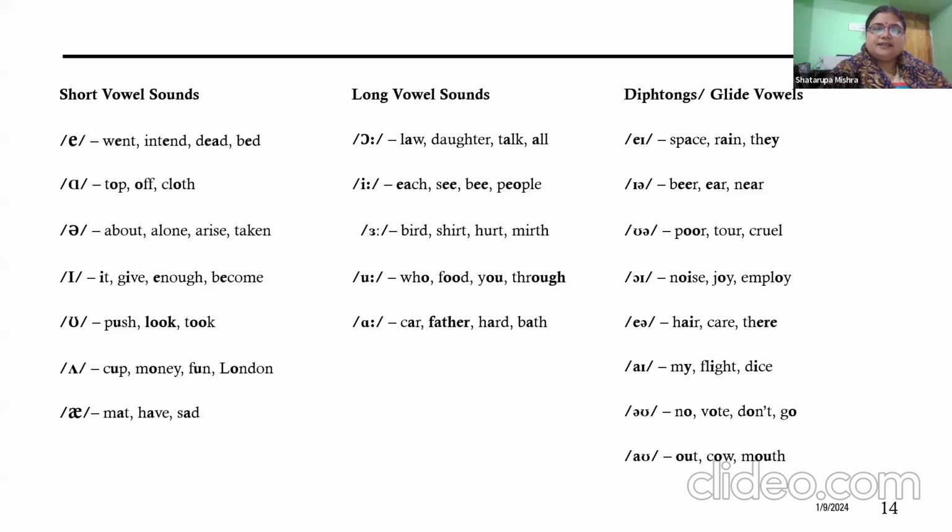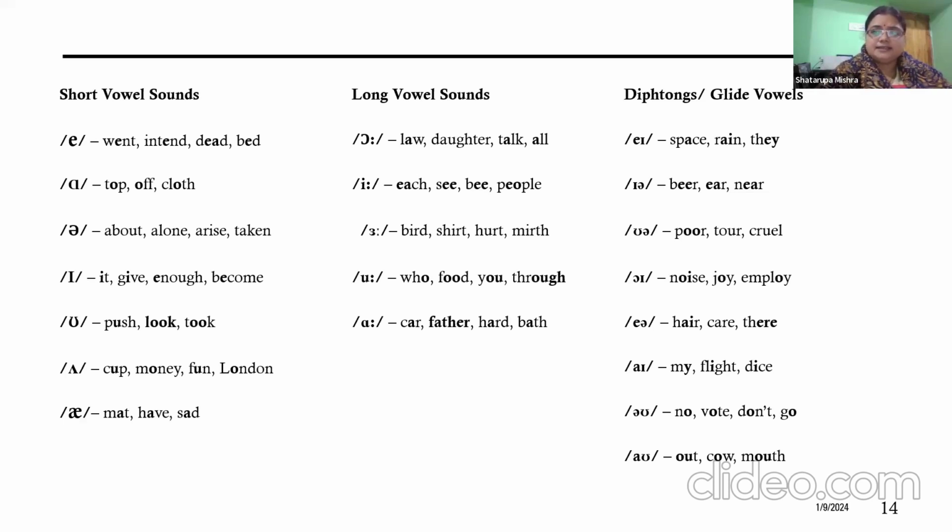Then we have the second symbol, which represents the vowel sounds in these words: top, off, cloth, or sound. Okay. So it is represented by this symbol. Then we have an inverted E, which is a short sound, which is not very prominent.